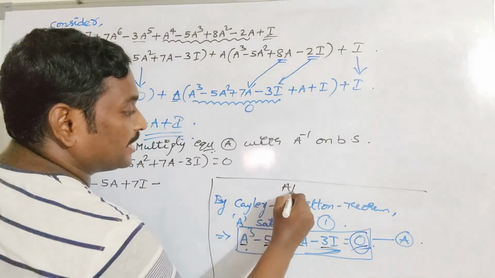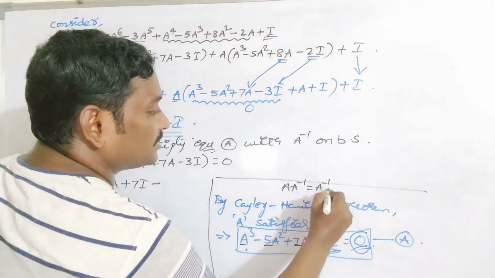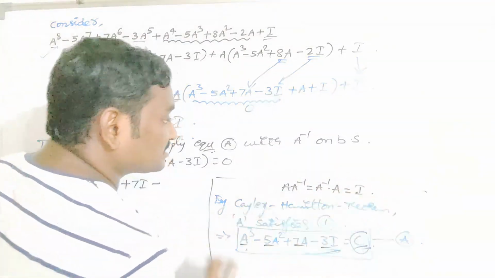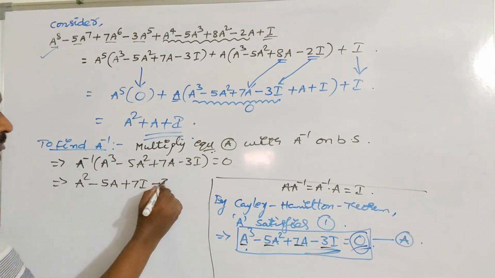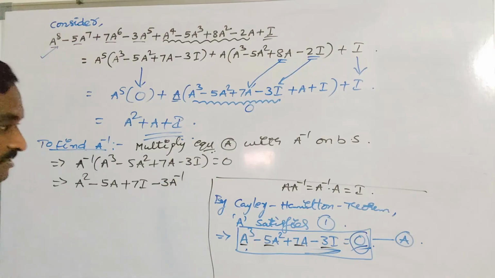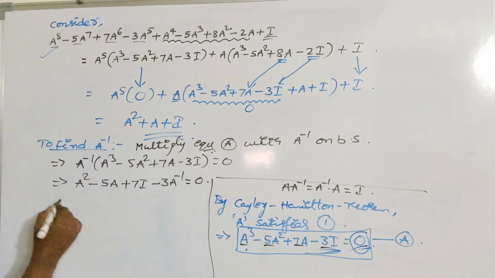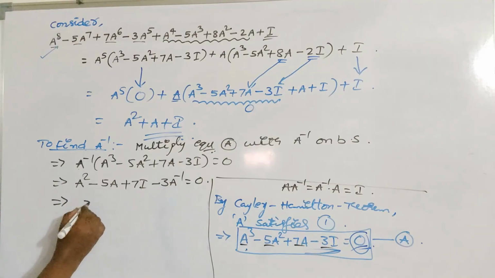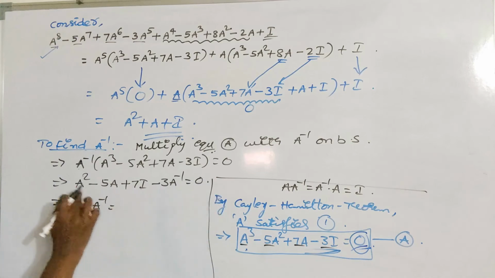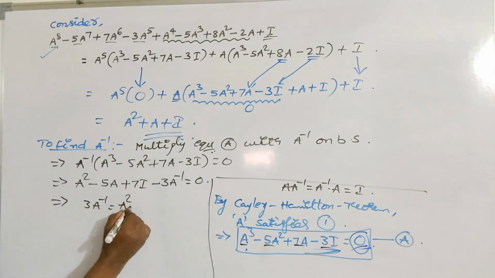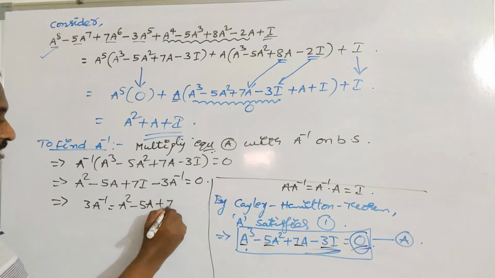A into A inverse is equal to A inverse into A is equal to I. This is the inverse axiom, otherwise the inverse property in matrices, and A inverse into I would be A inverse only, from the identity axiom, is equal to O. We need 3A inverse, so you will get 3A inverse is equal to, if you take this term to the right side, A square minus 5A plus 7I.